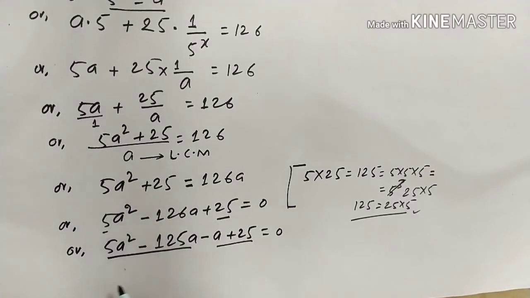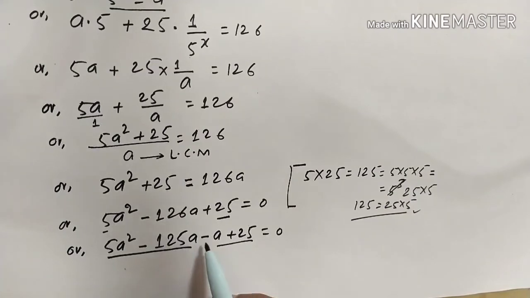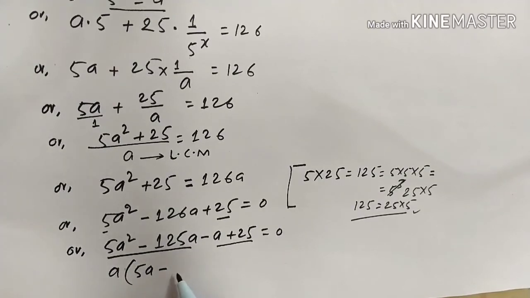From this first term, you can see between 5a square and minus 125a, a is common, so you can take a as common. Now if you take a as common, then you will get 5a and here we can take common 5a. If you take 5a common here, then only a will remain in this term, a minus, that means if you divide 125 with this 5, answer will be 25.